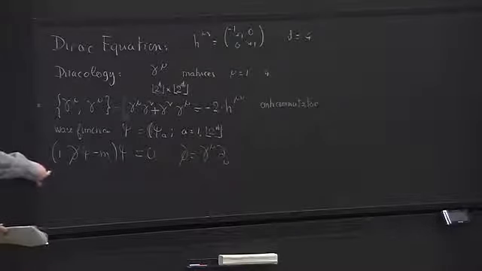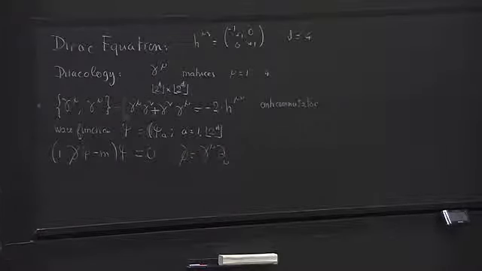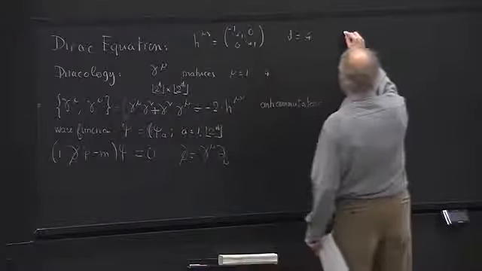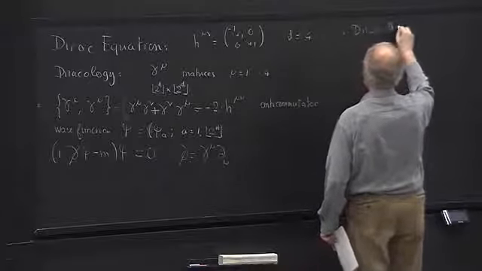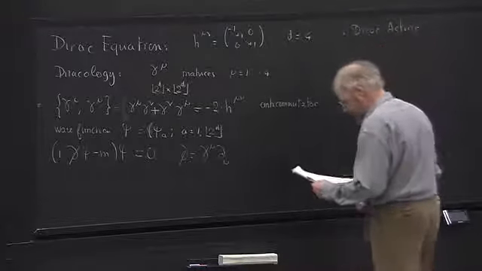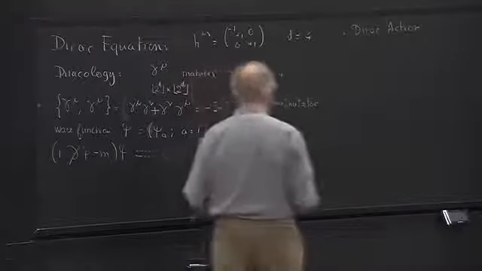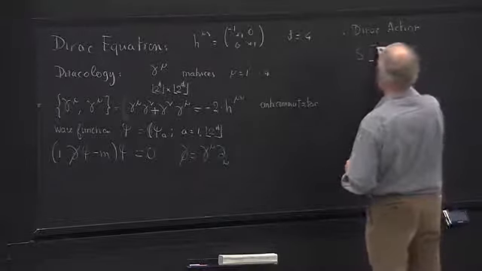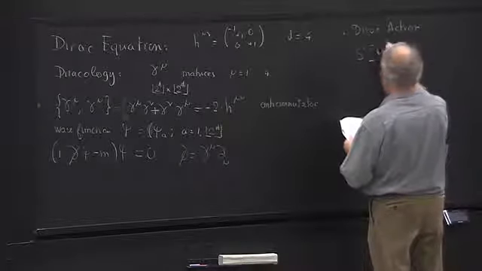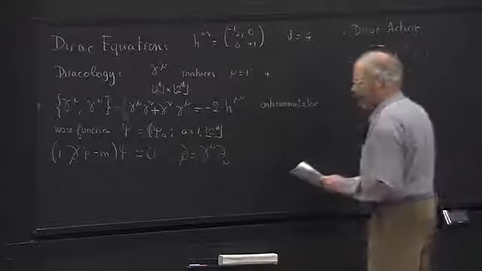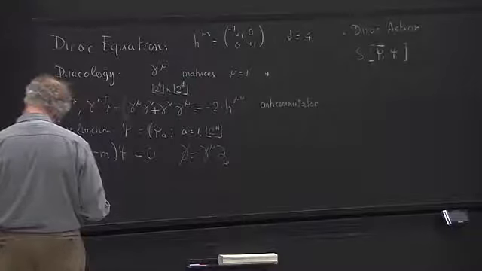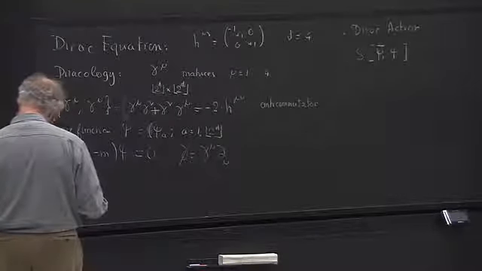And I don't know if you have seen that in the QFT1 course. In fact, we can write the Dirac equation as deriving from some Dirac action. So we can write an action S that will depend both on psi and on its conjugate, psi bar.